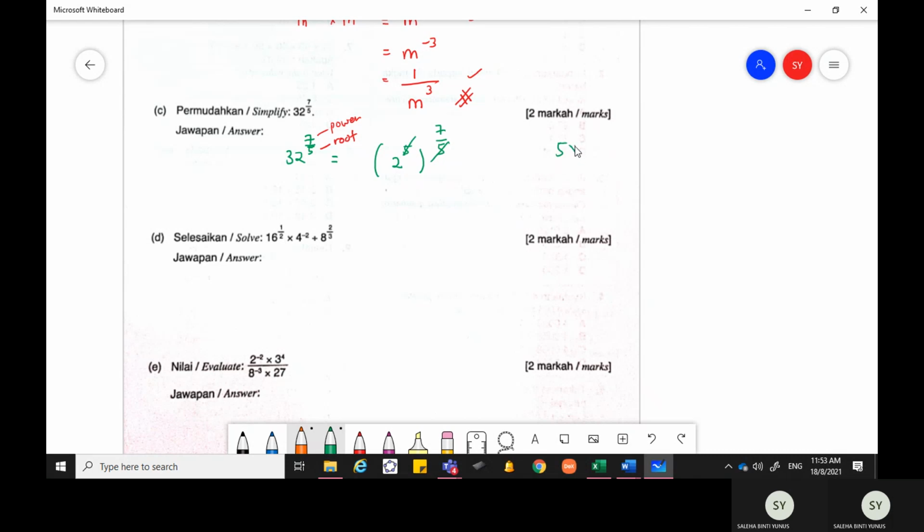So bila power dan power sebenarnya kita boleh darab macam ni. So 5 dengan 5 boleh cancel out. Okay, so apa sahaja yang tinggal dekat sini adalah 2 to the power of 7. So, 2 to the power of 7, kita boleh cari nilai, which is 128. So, kalau nombor kecil boleh cari nilai, jadi just cari nilai terus.